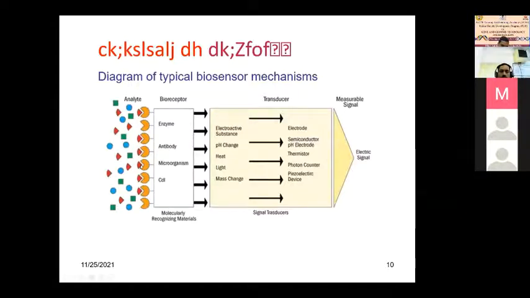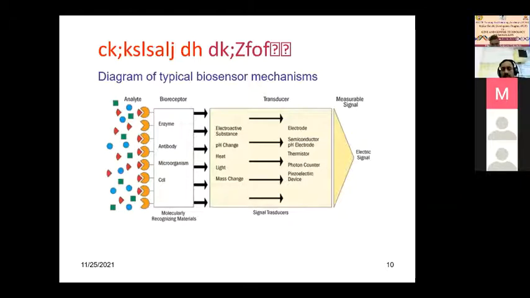And that event, when it is interacting, is transduced by your transducer, whether it is an electrode, a semiconductor pH electrode, a thermistor which senses the heat, a photon counter which senses the light, or a piezoelectric device which senses the mass change.